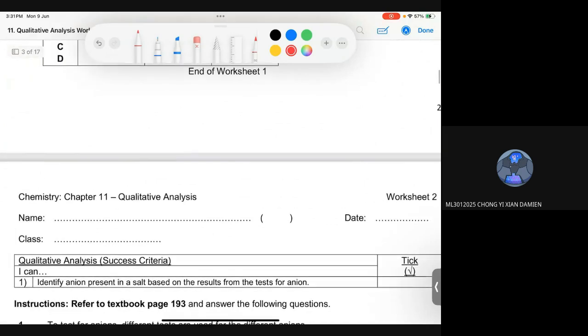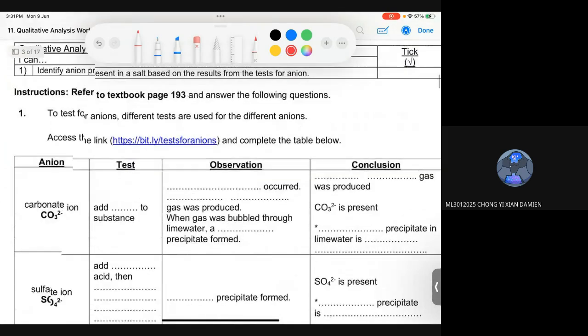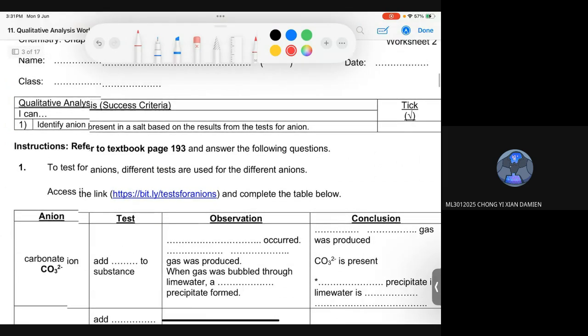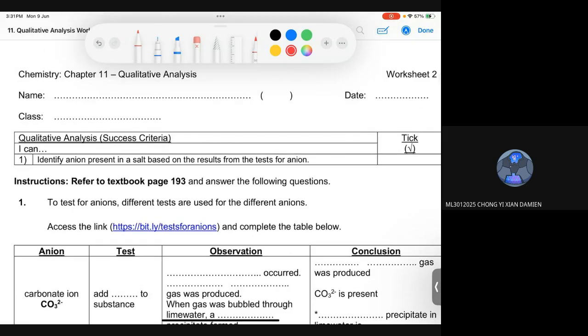The next one I'm going to do will be the test for anions. It is a similar thing. Just as I mentioned, qualitative analysis finds out which cations and anions are present. You are doing tests, and from the results determining what's present in the salt.